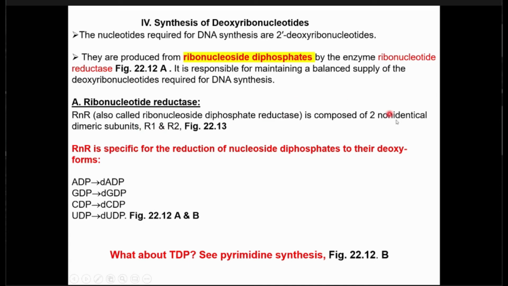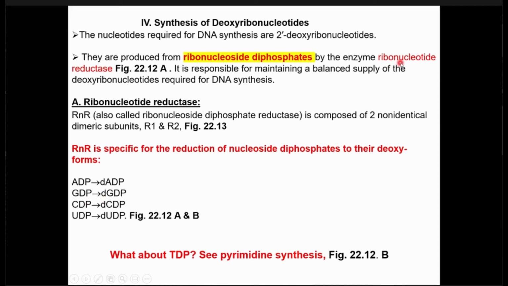It has 2 subunits. Now, you see here, adenosine diphosphate is for RNA. We want to convert it to deoxyadenosine diphosphate for DNA, so we call this enzyme to do the job. In RNA we have guanosine diphosphate, and we want to make the deoxy for DNA.